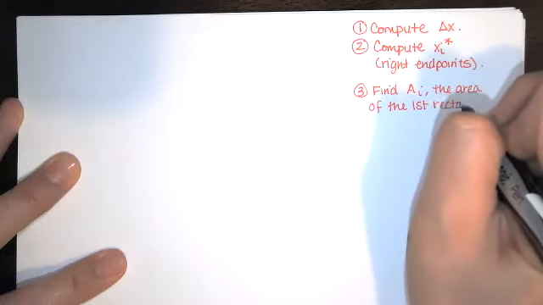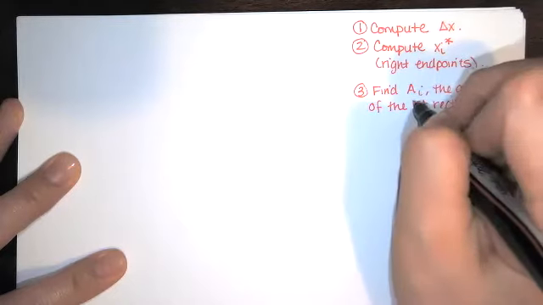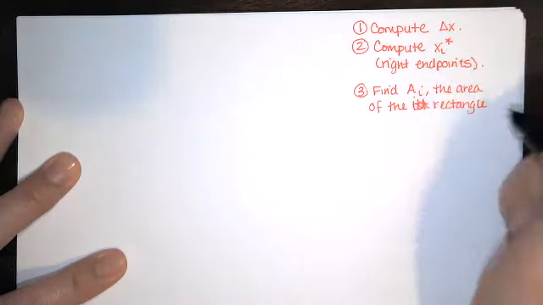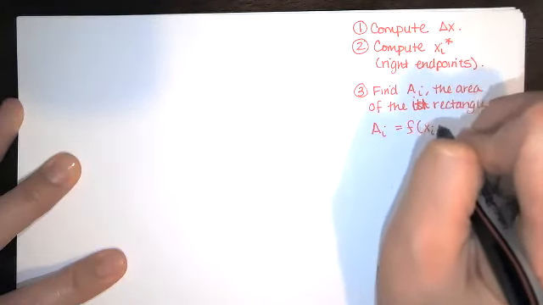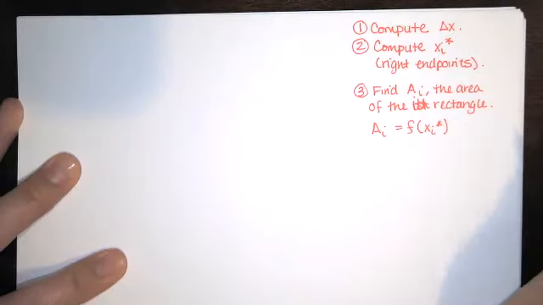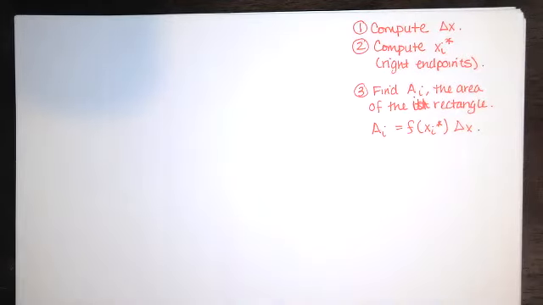And the area of the ith rectangle is just that function value at that chosen x value, x sub i star, and then we're multiplying it by delta x.